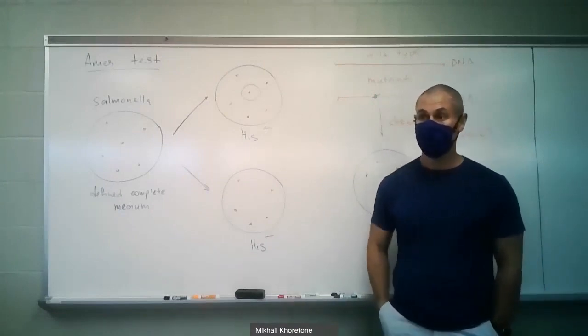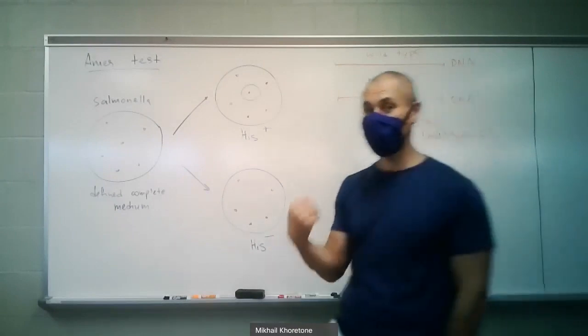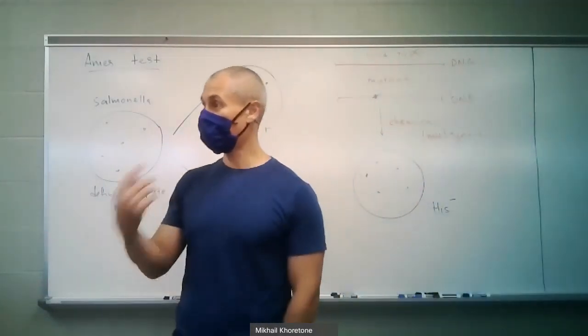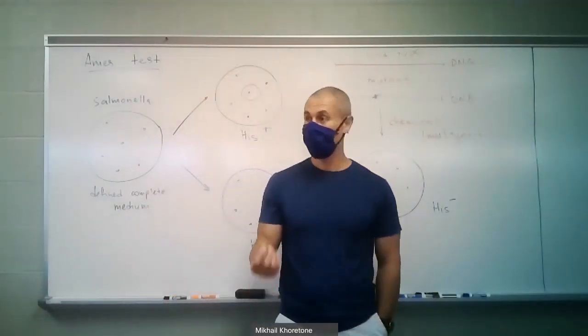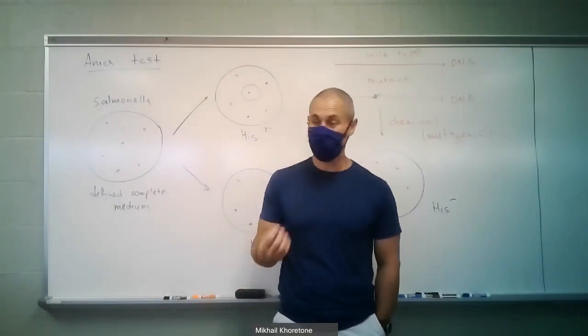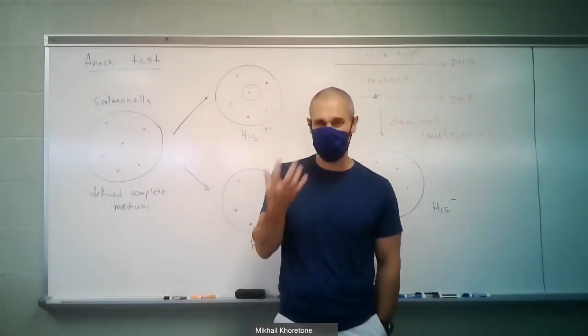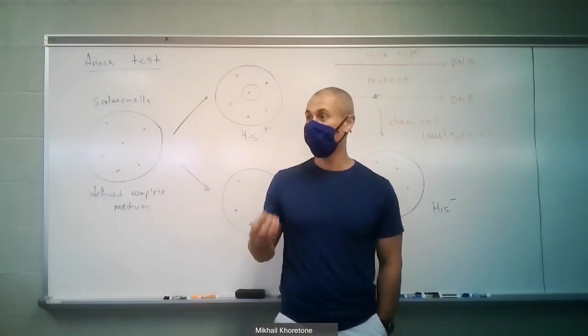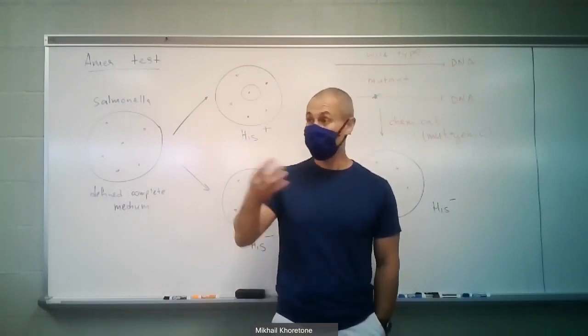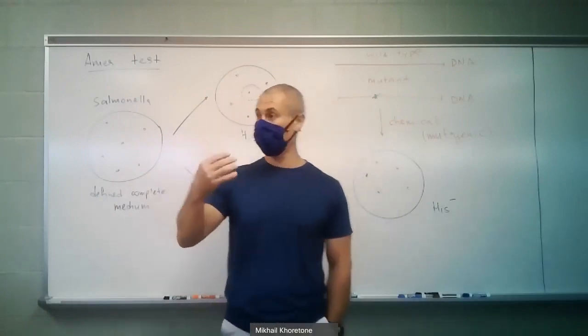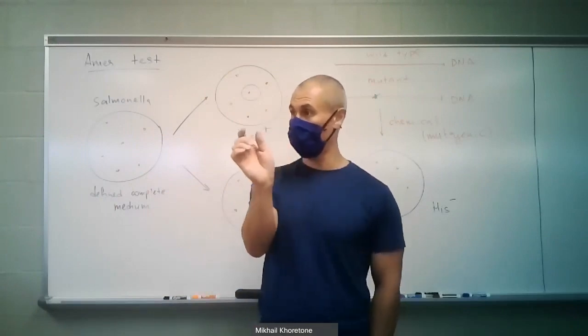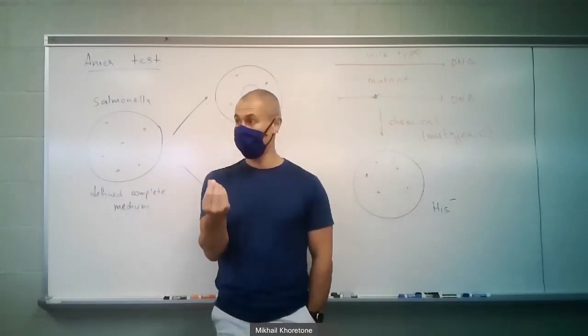Okay? So basically the idea is you identify a microorganism which has a mutation in the DNA, which gives it a particular phenotype. And then you need to link that particular phenotype to a particular part of the gene, a mutation in the gene.